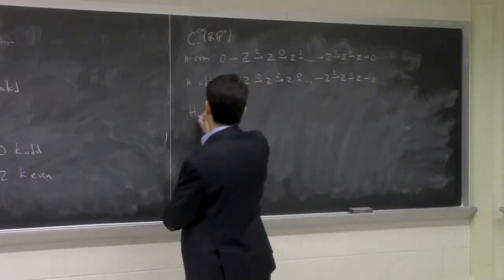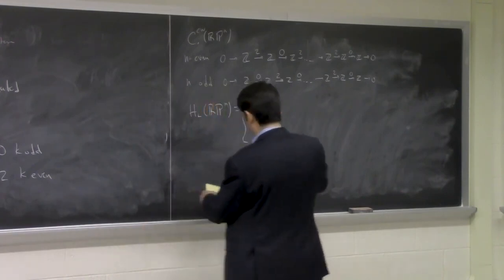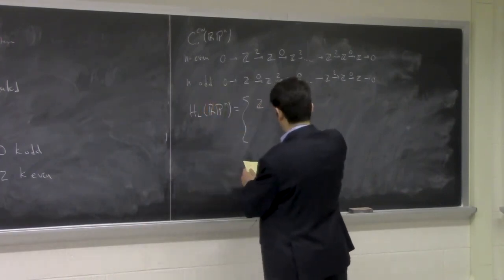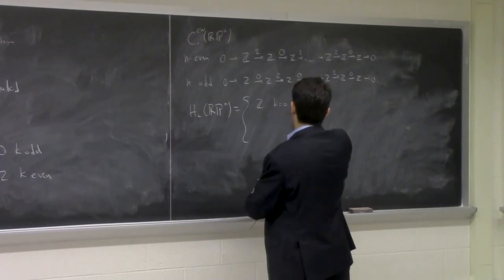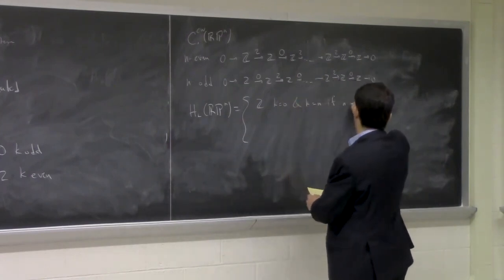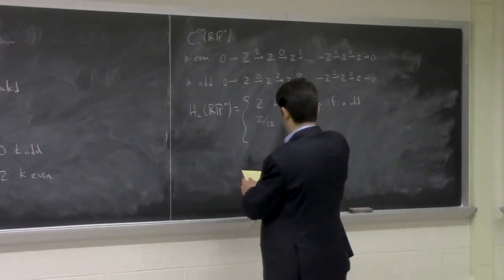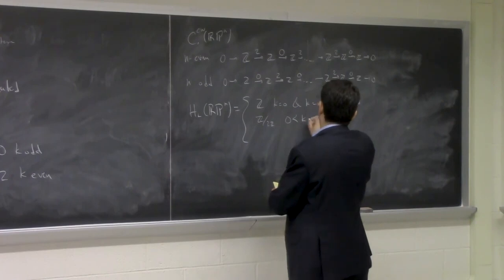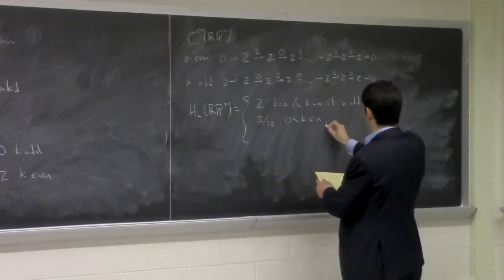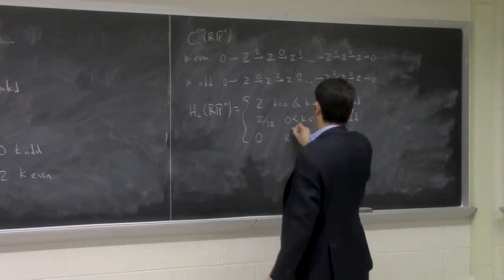So that means that H_k of RP^n is Z if k is 0, and if k is n, if n is odd. It's Z mod 2Z for all k's in between that are odd, and it's 0 else.